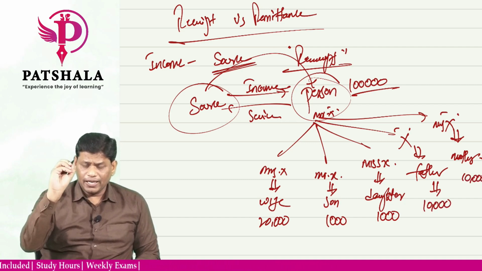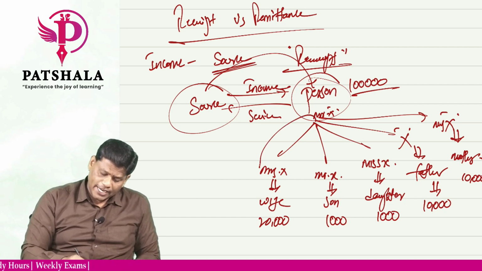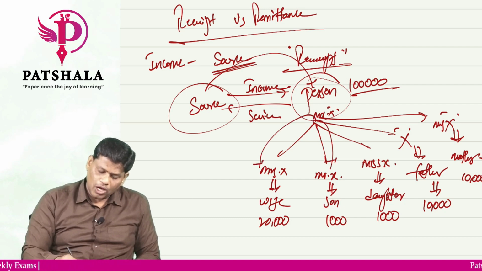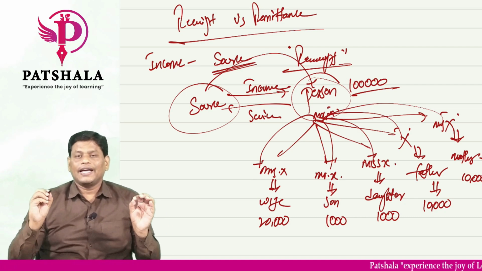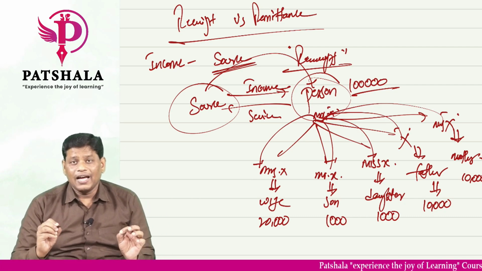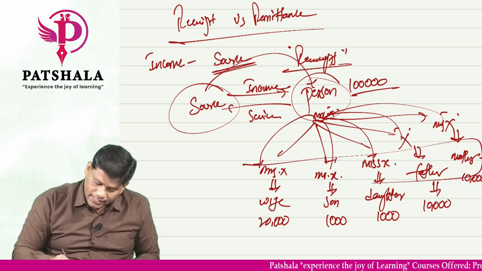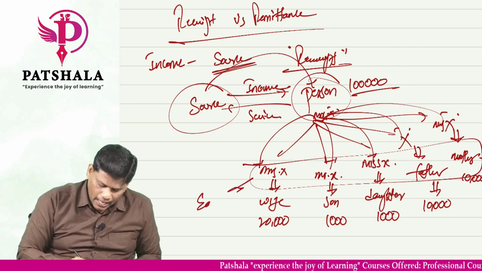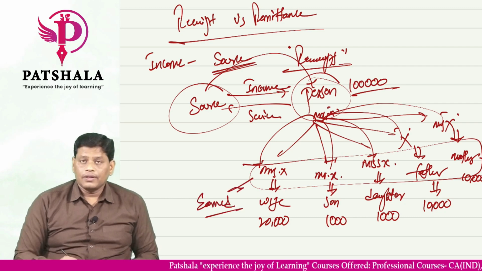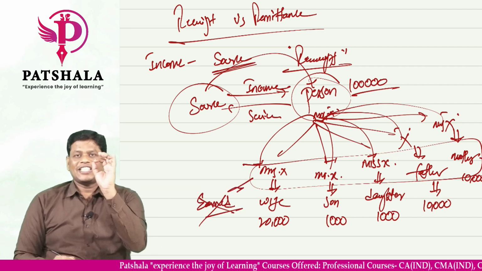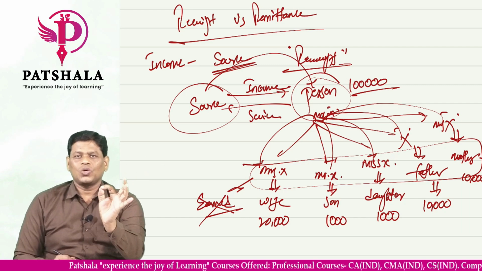Now you tell me, this transfer from X to Mrs. X, to small x, to father, mother, is it a transfer of money, or have all these persons earned money? They did not earn it. It is a mere transfer from one person to another person.